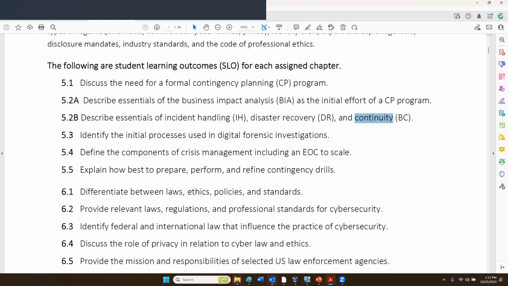We want you to be able to identify the initial processes used in digital forensic investigations, and you're actually experiencing that in the solution, right? And then define the components of crisis management.